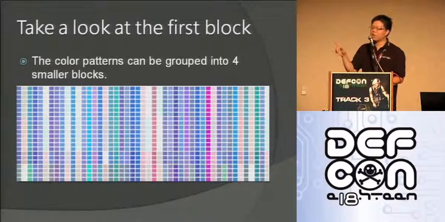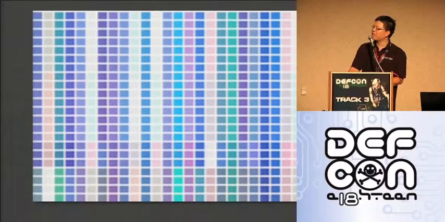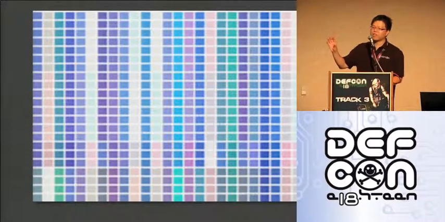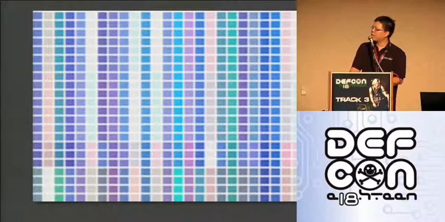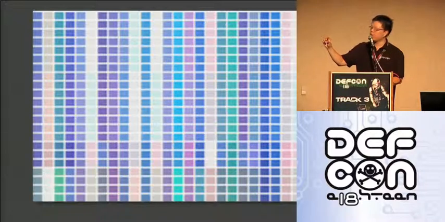So this is the first block. Did you see any color patterns? Definitely you see a lot of color patterns, but actually there are some blocks that differentiate from other blocks. For example, if you look at the second line, in the upper corner there are some gray colors, and then it becomes a little pink, like a skin color, and then more purple, and then a pale white again.